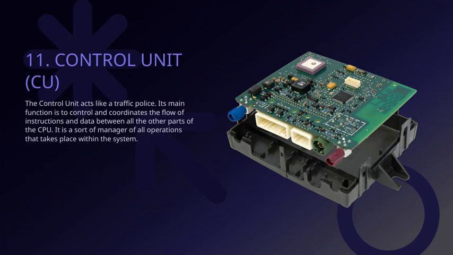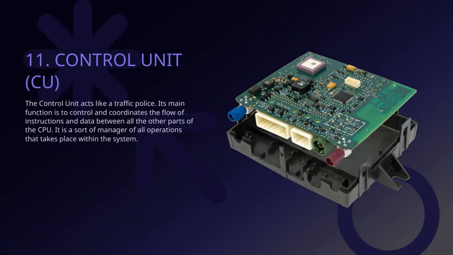Now, let's take a closer look at the control unit, or CU, which is often compared to a traffic police officer. Its main role is to manage and coordinate the flow of instructions and data within the CPU. Think of it as the system's manager, making sure everything runs smoothly and in the right order. It directs the movement of data between the different parts of the CPU, ensuring that each operation happens at the right time.